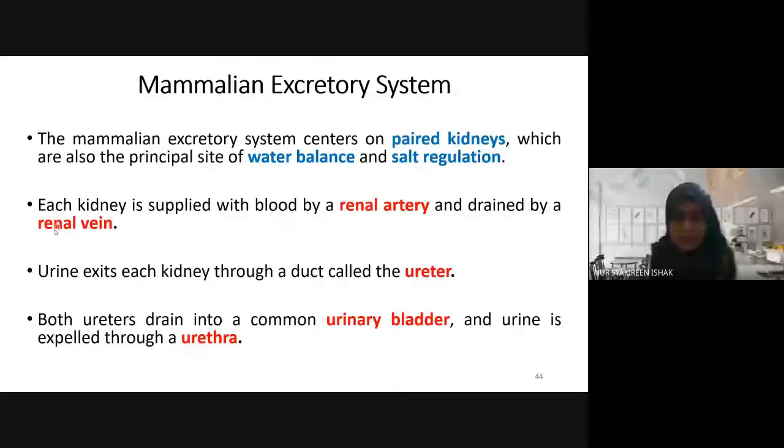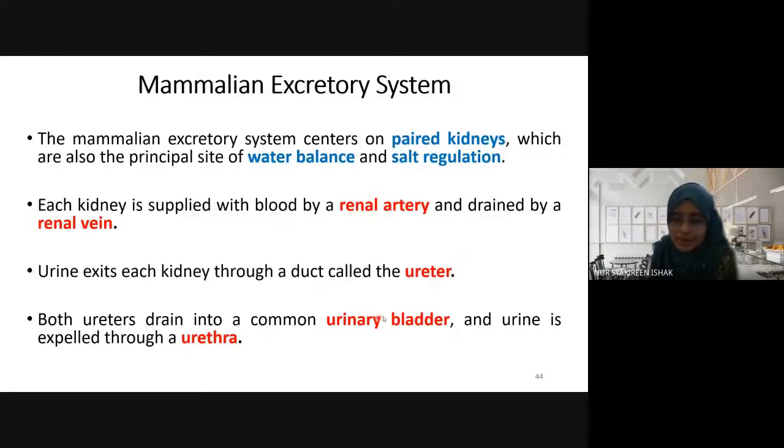The renal artery brings oxygenated blood to the kidney, and the renal vein removes deoxygenated blood. Urine exits each kidney through a duct called the ureter.